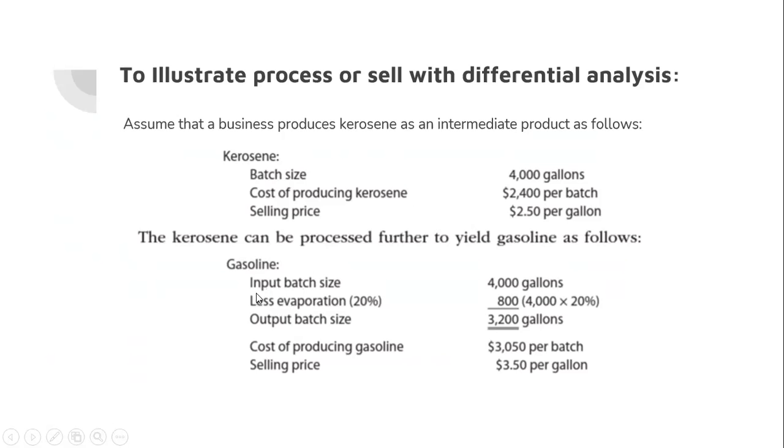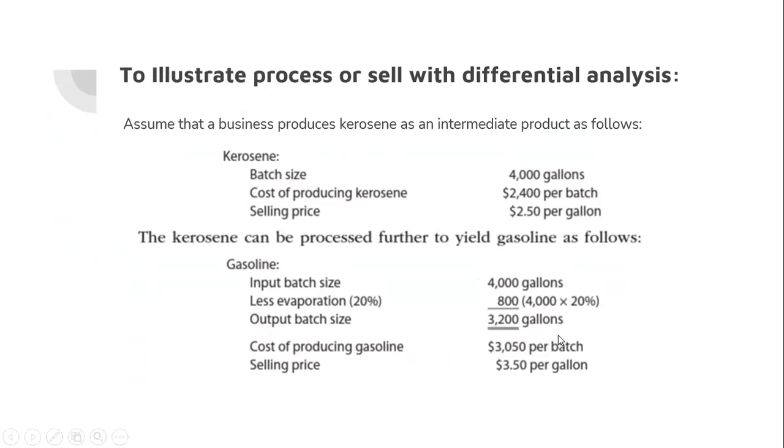Gasoline. Input batch size is 4,000 gallons of kerosene, less evaporation at 20%. Output batch size is 3,200 gallons. Cost of producing gasoline is $3,050 per batch.